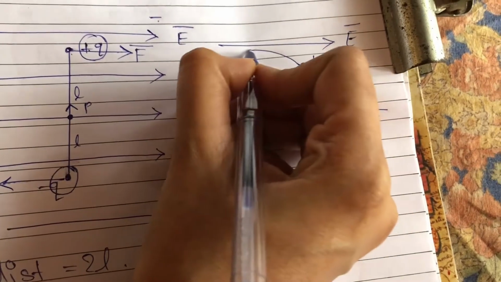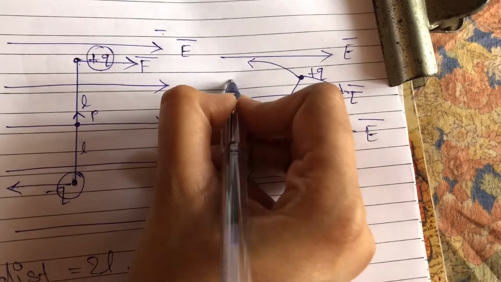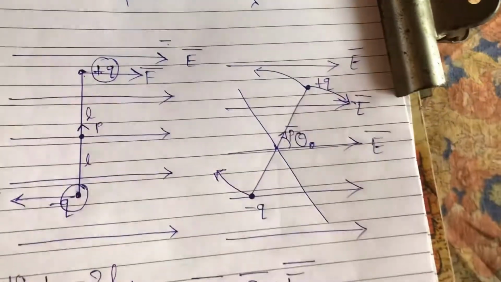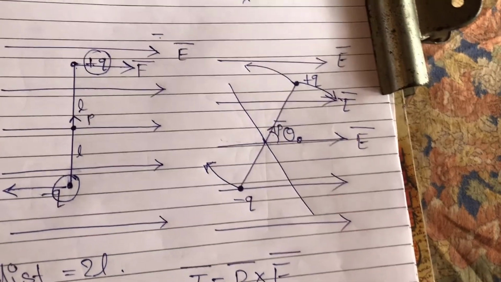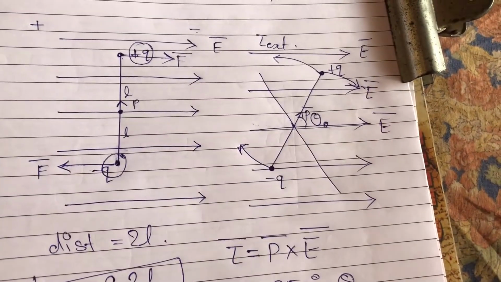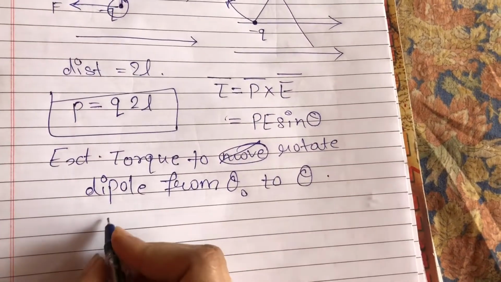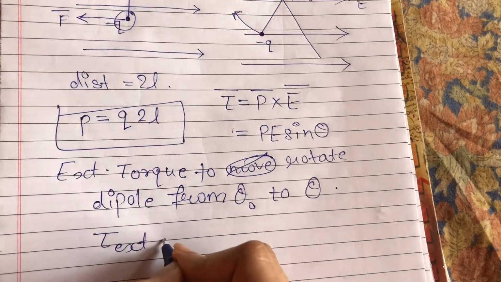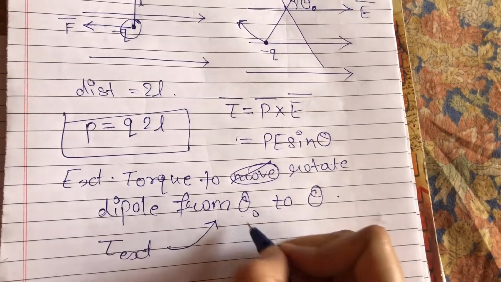I'll apply the external torque in this direction, taking my dipole from theta naught to this angle theta. So this is my external torque, applied by me to rotate my dipole from theta naught to theta.